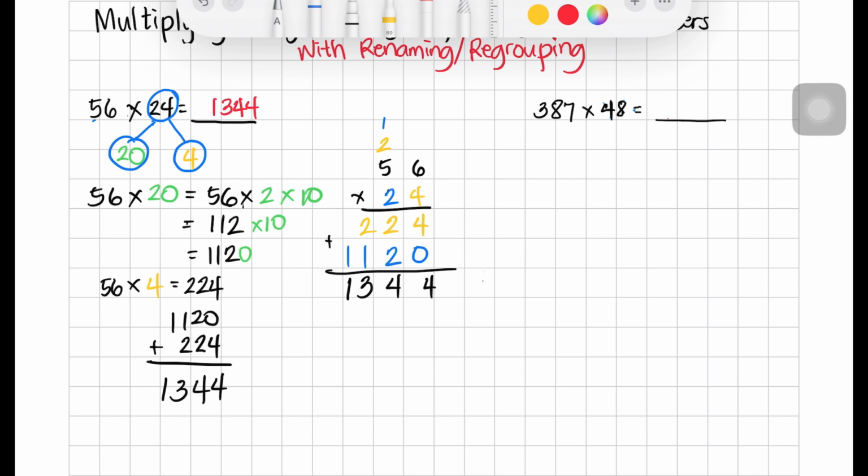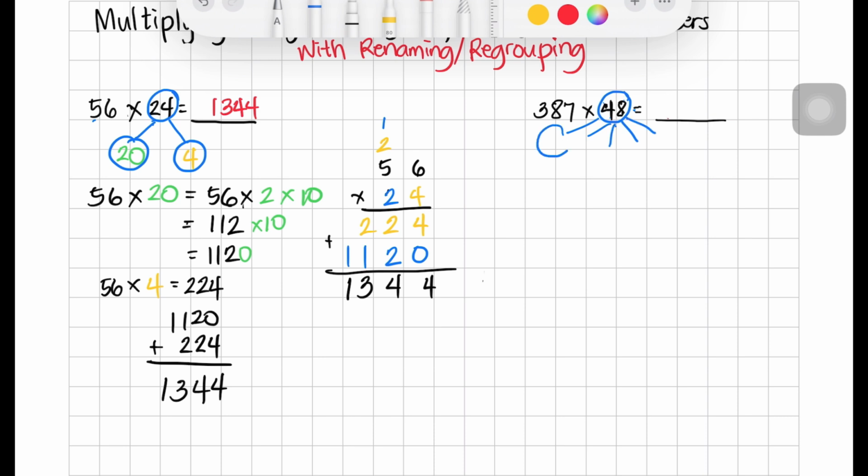Let's now proceed with our next example. So let's do the number bonds first. So I can split this into 40 and 8. Or if you want, you can actually split this into several numbers.